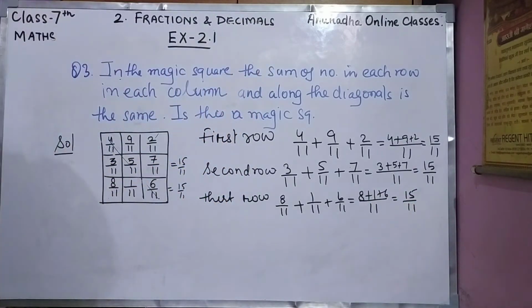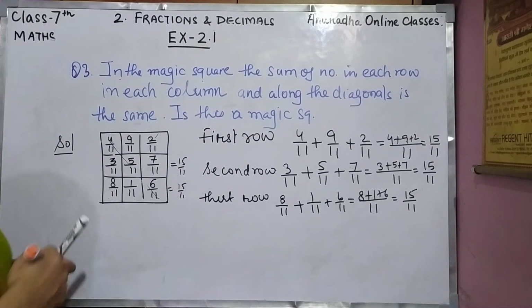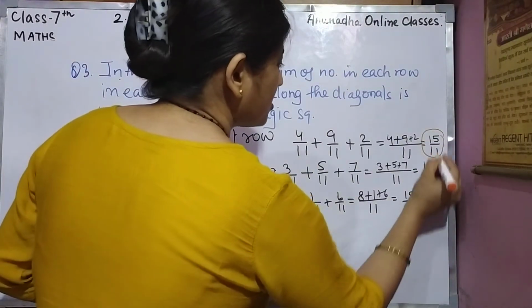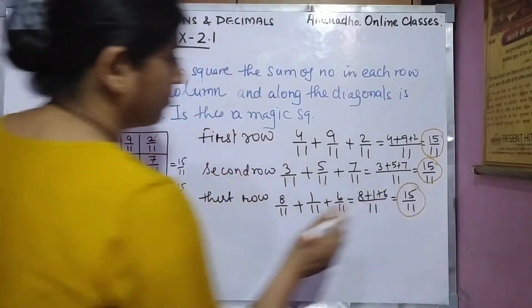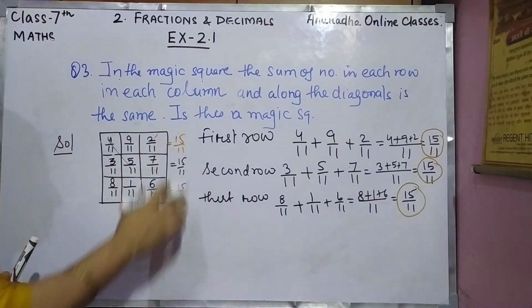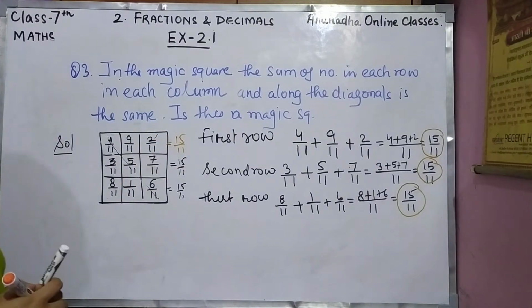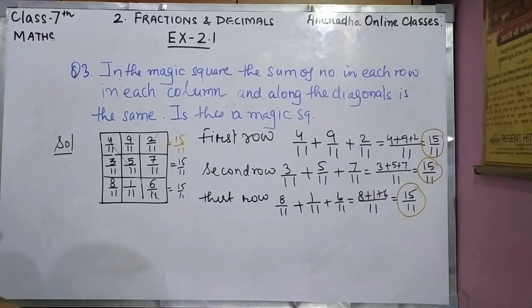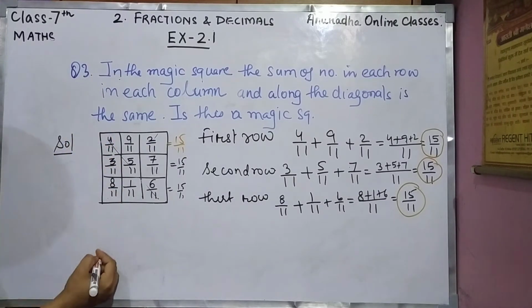So here what you can see is that we got 15 upon 11 in all the three cases. In all the three rows the sum is 15 upon 11. Now let us see the columns.